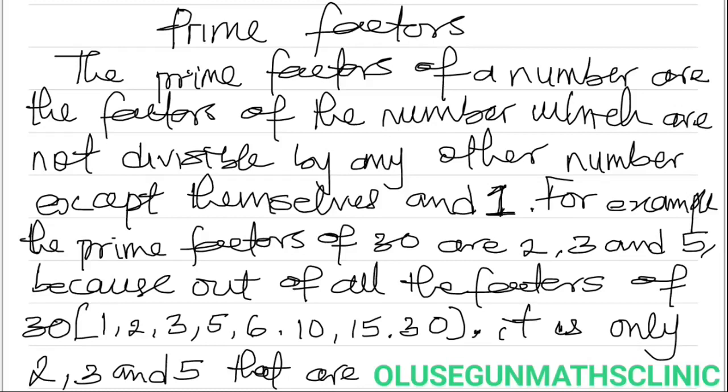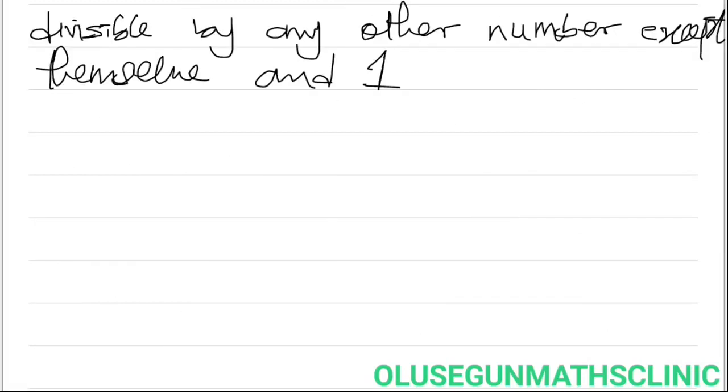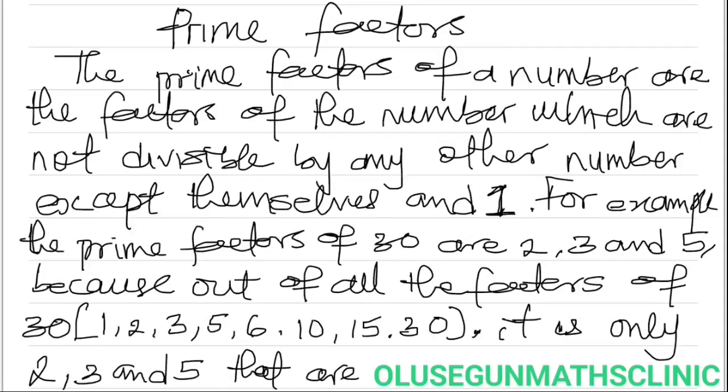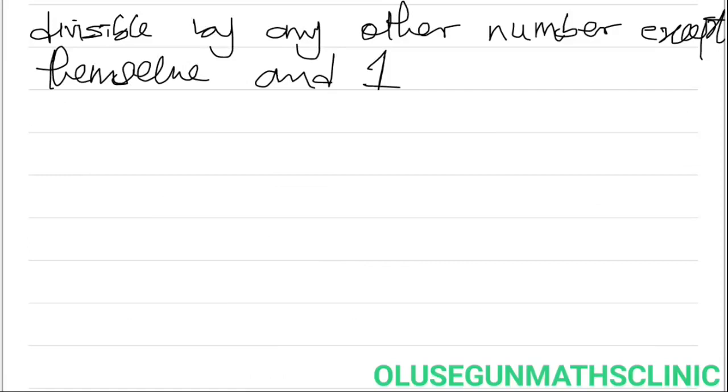Because out of all the factors of 30, which are 1, 2, 3, 5, 6, 10, 15, 30, it is only 2, 3, and 5 that are not divisible by any other number except themselves and 1.